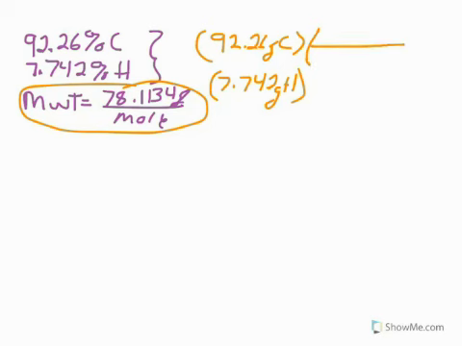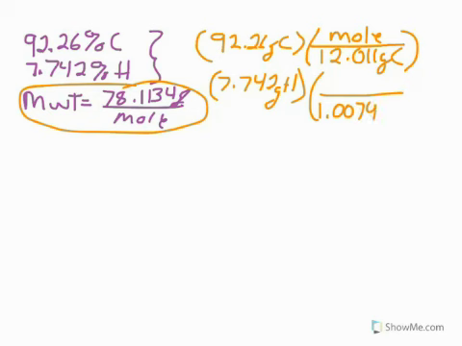The second step is to convert them into moles. So there's 12.011 grams of carbon per mole carbon. I looked this number up on the periodic table. And up here I have 1.0079 grams of hydrogen per mole of hydrogen. You might have slightly different numbers on your periodic table.